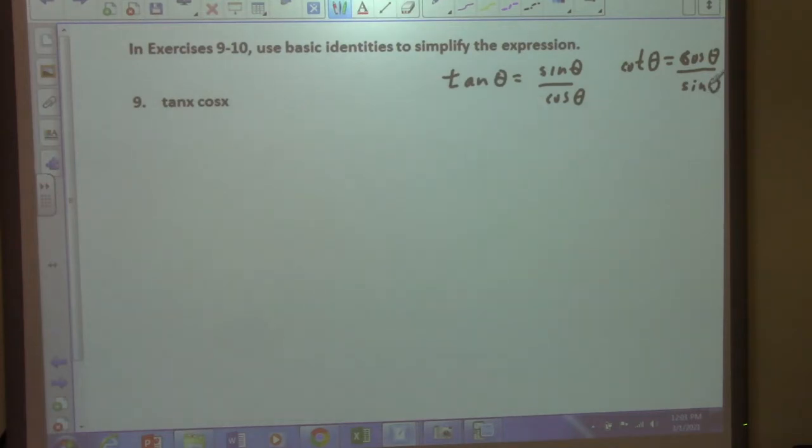Then on your ACP formula chart, we have all the reciprocal identities, and the primary ones would be cosecant theta is going to be 1 over sine theta. Secant theta equals 1 over cosine theta.